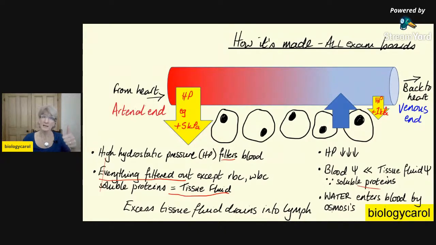So it's about getting the place right and what is going on right, and talking about the different pressures. We've talked about the different hydrostatic pressures, and for OCR and Edexcel, you would be wanting to compare the hydrostatic pressures with the oncotic pressures.